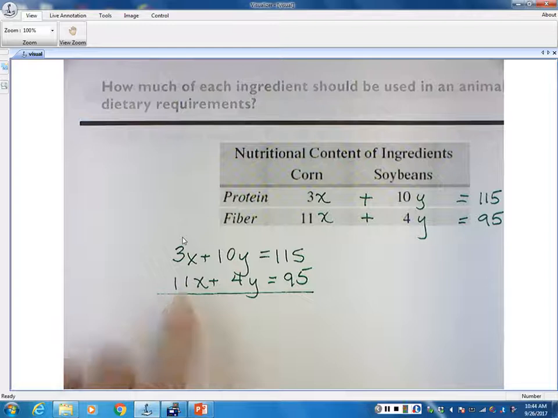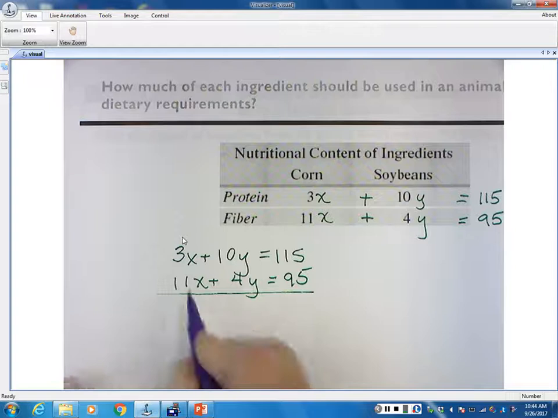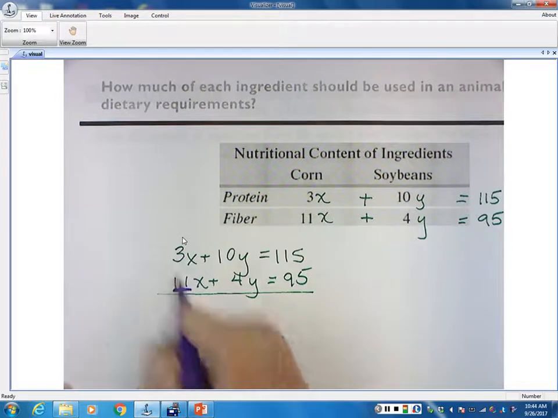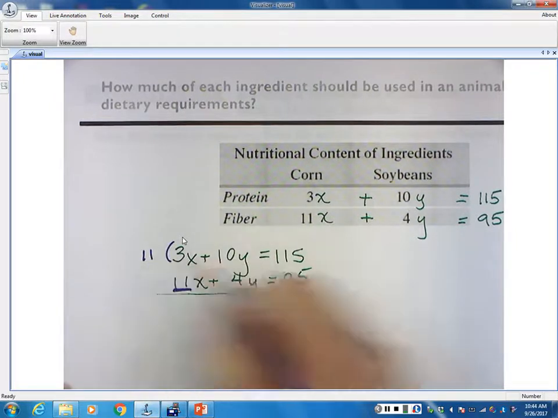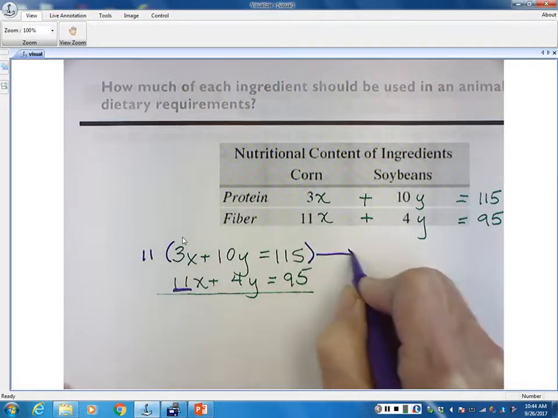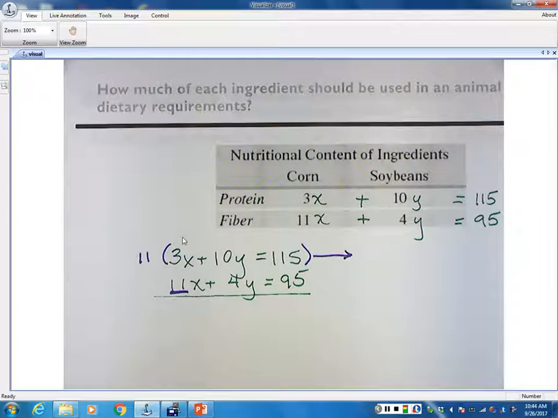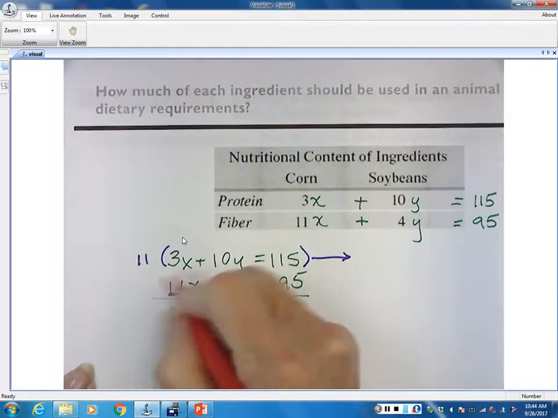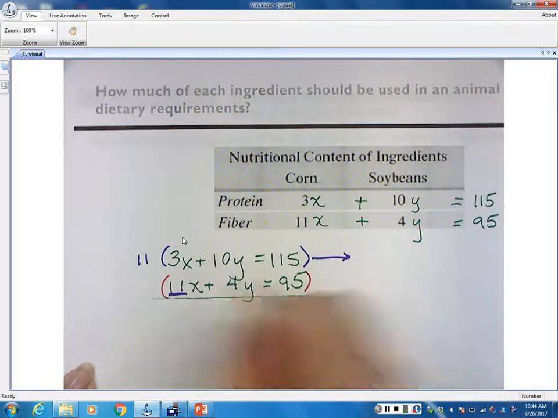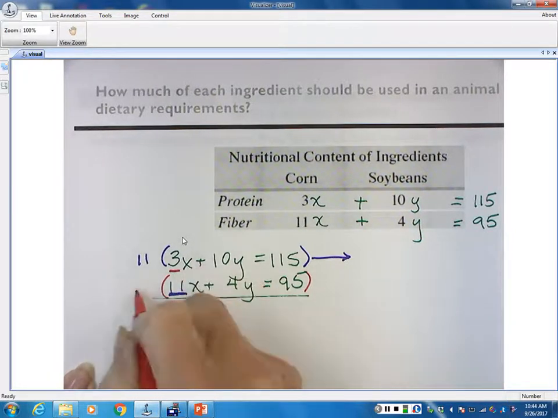Okay? So first I'm going to multiply the top equation by 11. But then I'm also going to multiply the bottom equation by the opposite of 3.